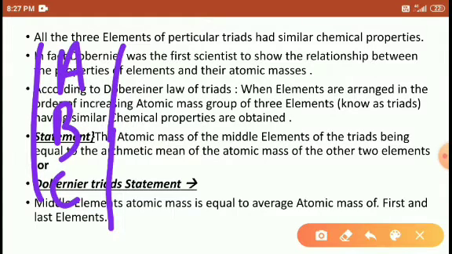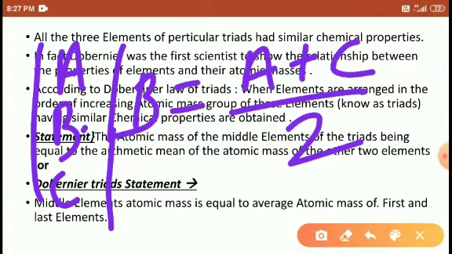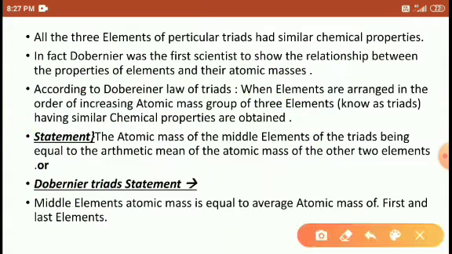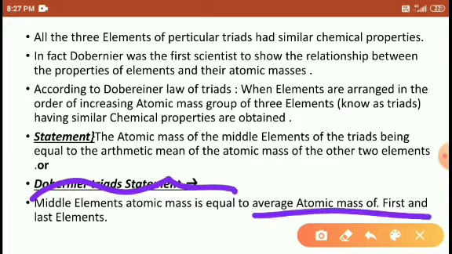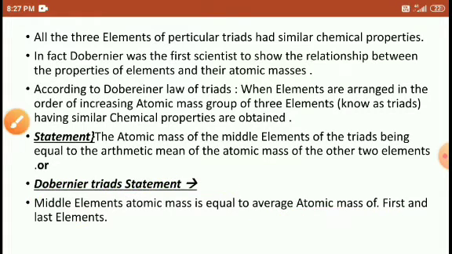If A, B, C are the three elements of one triad, then the atomic mass of B is equal to the average atomic mass of A and C. Or one more statement: the middle element's atomic mass is equal to the average atomic mass of the first and last element.